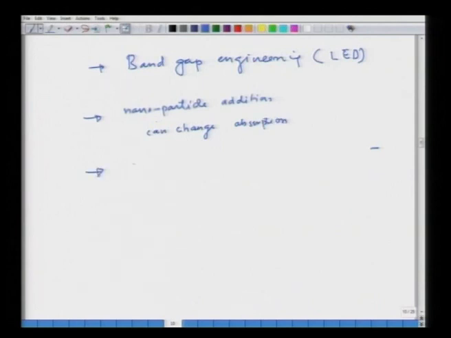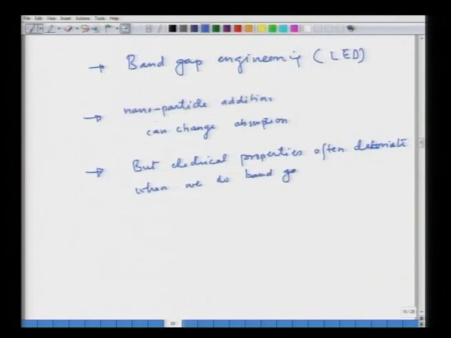But point to remember here is that while we are focusing on the optical properties, electrical properties often deteriorate when we do band gap engineering, and hence there is an optimum that needs to be obtained in order to change the electronic structure of the device without changing its electrical properties and modifying its optical properties.